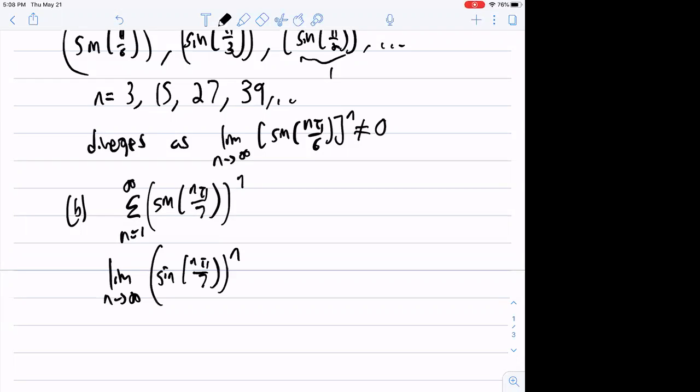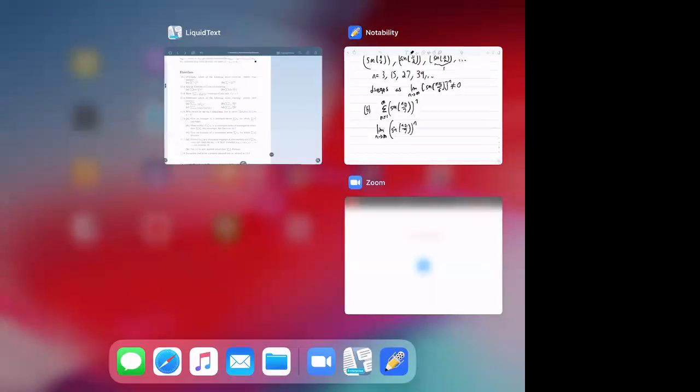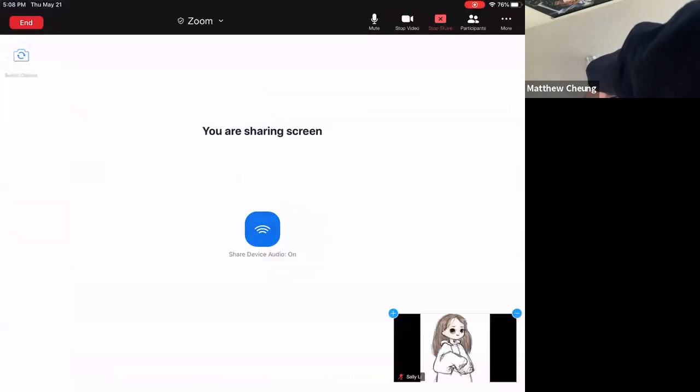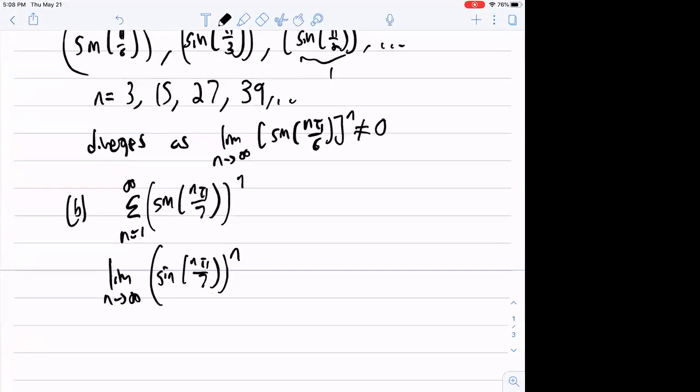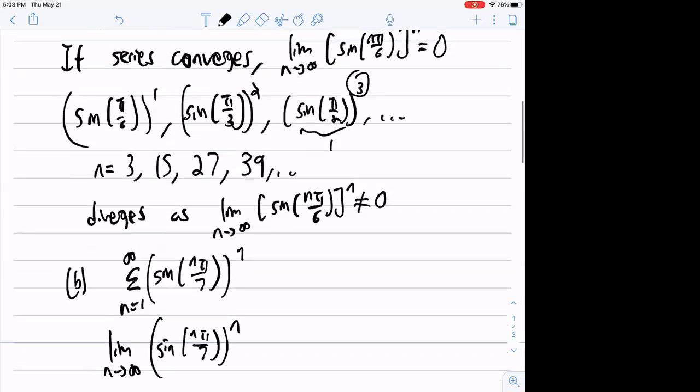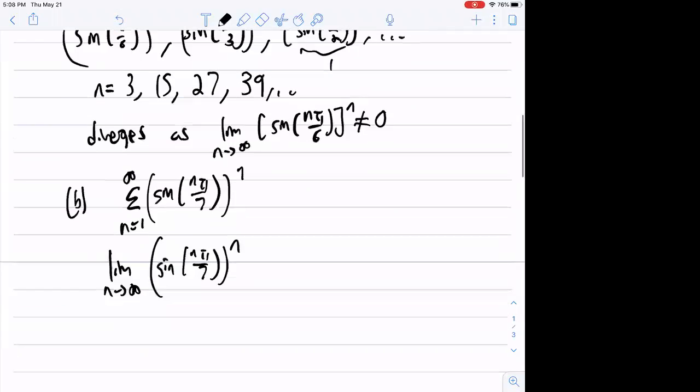If we try the same approach as part A, what is this limit? Beforehand, why was it not 0? In fact, you could have used the -1, you could have used 3 pi over 2 too, and said there were infinitely many -1s. But the point here is, with the 7 on the bottom, you will not get divide by 2.